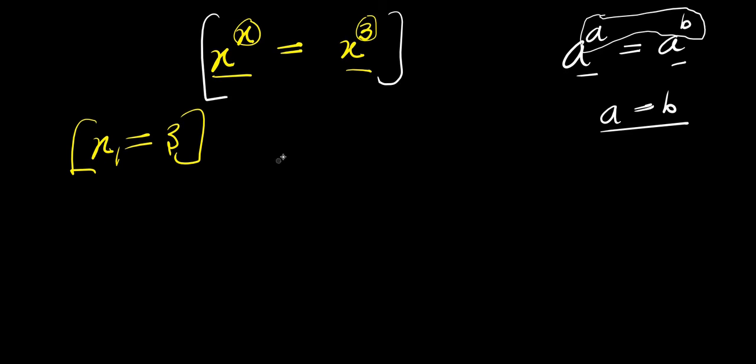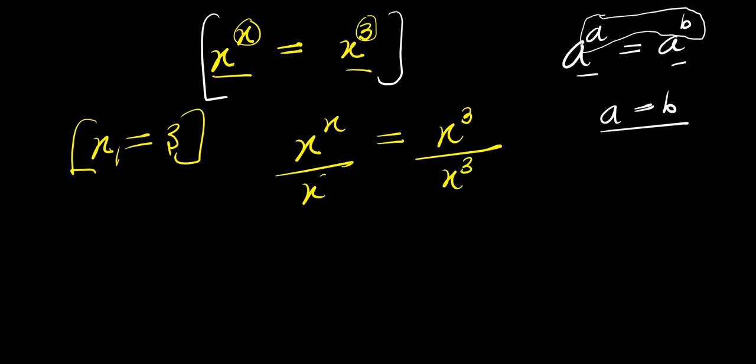So to find all the solutions, we simply need to take a different approach. In this case, I can divide this by x power 3 and divide this by x power 3. X power 3 divided by x power 3 will give us 1. So we have x power x divided by x power 3 equals 1.